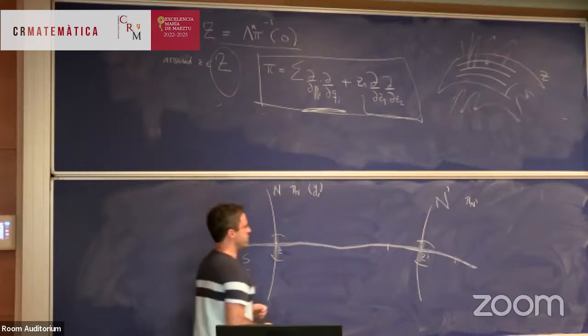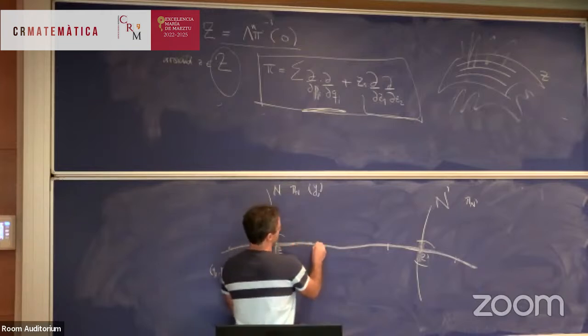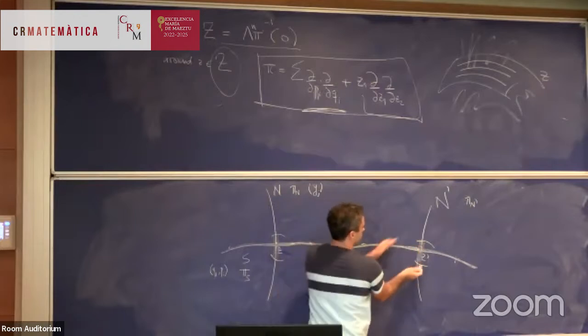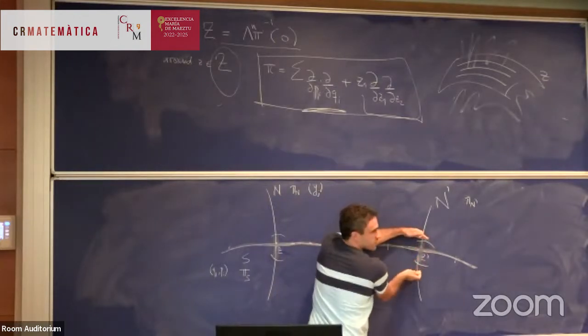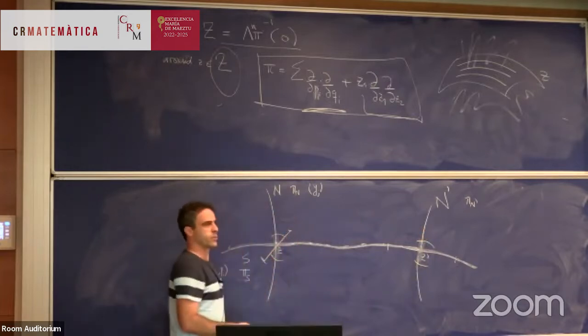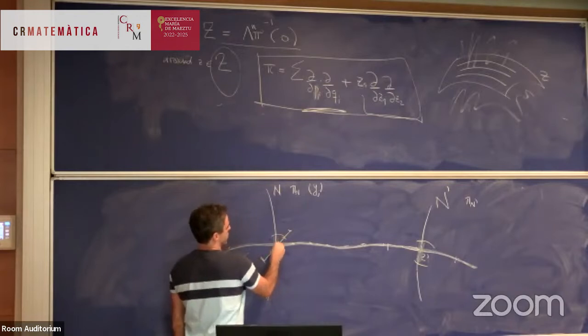By moving along local flows of Hamiltonian vector fields, you can bring this transversal over here to the same point, and reduce the problem to comparing neighborhoods of two guys around the same point.